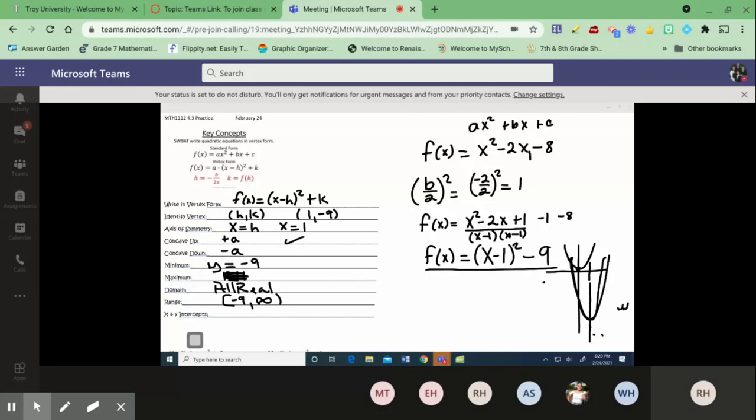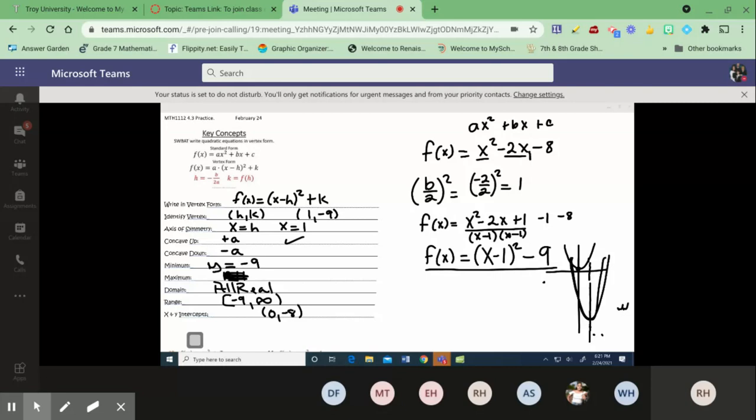All right, y-intercept. You're looking at it. If I'm on that y-axis, what's my x? 0, right? So if I've got 0 squared minus 2 times 0 minus 8, what's my y going to end up equaling? Good. So my y-intercept is going to be 0, negative 8.